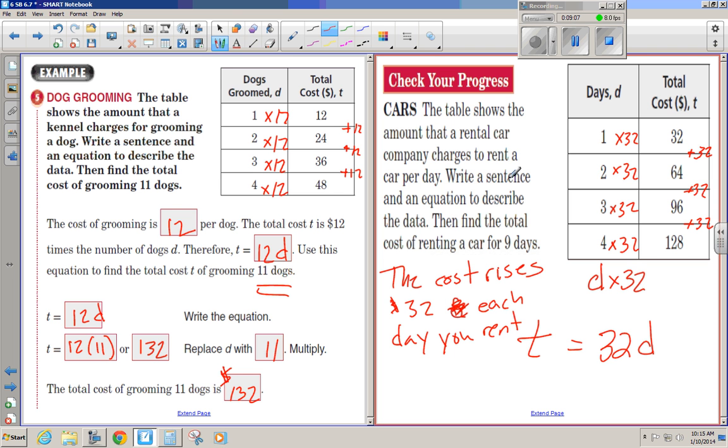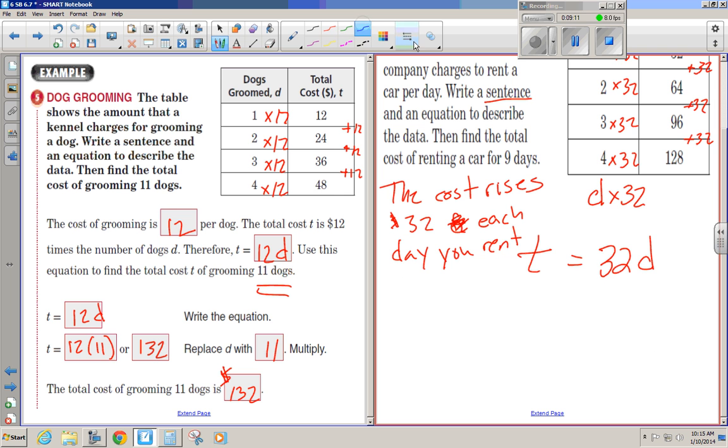Okay. So that's the sentence. Here's the equation. And now I know it's 9 days, so that 9 gets plugged into D. And the total cost is $288.